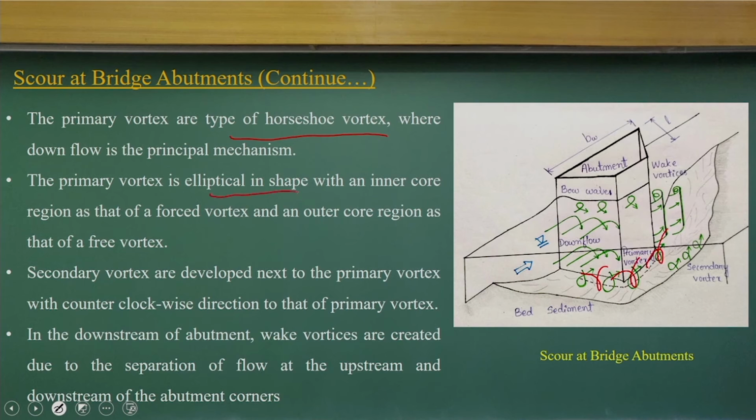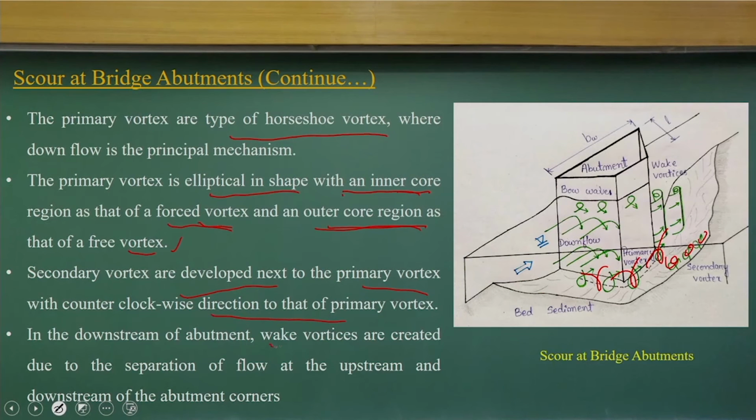It will be elliptical in shape, with an inner core region as a forced vortex and the outer core region as a free vortex, as you know from the fluid mechanics book. The secondary vortex will be developed next to the primary vortex, in the counterclockwise direction to the primary vortex.